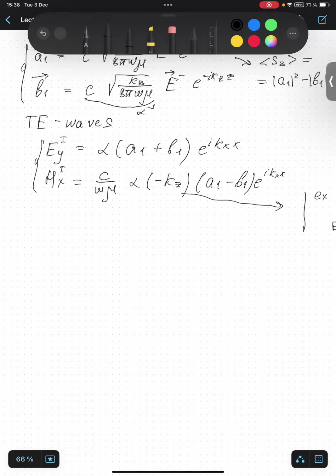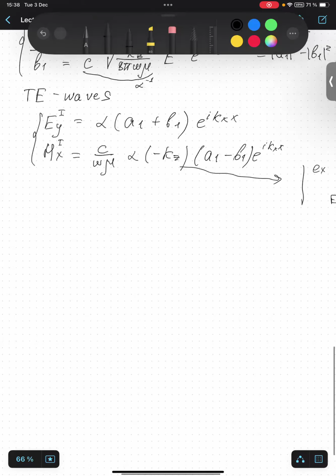For the second region, we just need to change kz to minus kz. So let's write it. E2y, alpha tilde. Alpha tilde, just because we might have different permittivity in the second region.